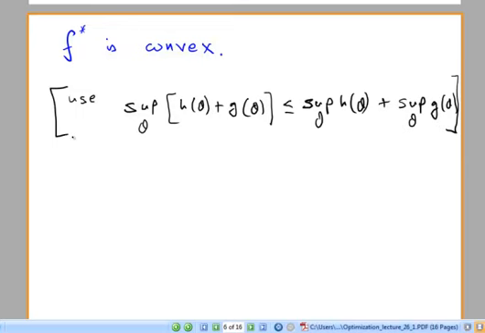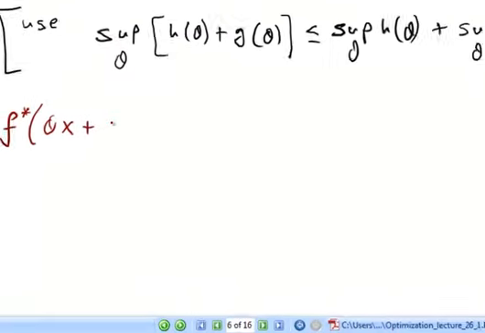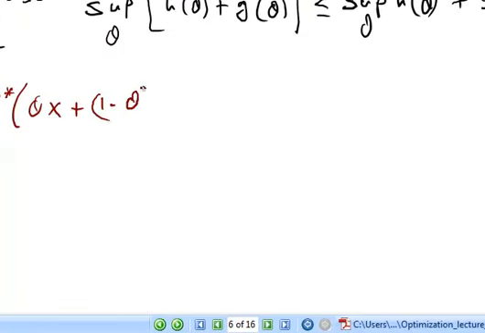Alright, let's begin. So what's your first thing to prove? So let's take 2 points. So we have to prove that f star of theta y1 plus 1 minus theta y2... Let's start from the very beginning.